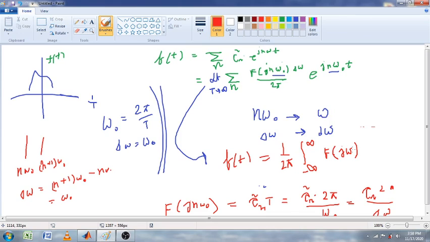We are going to have closely spaced spectral components that would eventually look like a continuous function, right? So F(j omega), and this e power j omega t, because here also this n omega naught became the continuous variable omega, and this delta omega turned out to be d omega.